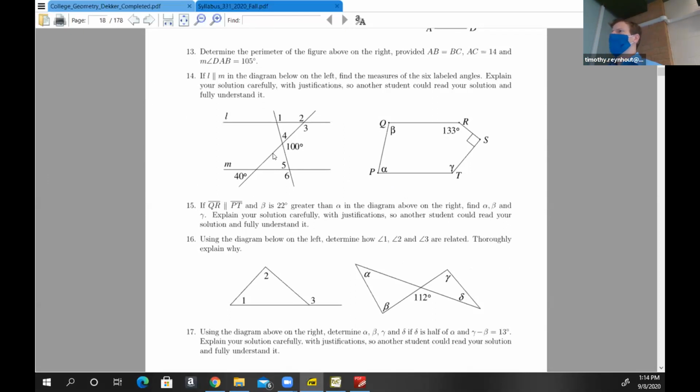This was another situation where it'd be best if you labeled any angles that you found outside of the angle measures asked for. The numbers were 1 through 6. I would say use 7, 8, 9, 10, whatever you need to get there. For example, you could find this angle measure here by the fact that this angle and this angle are supplementary. They form a linear pair.